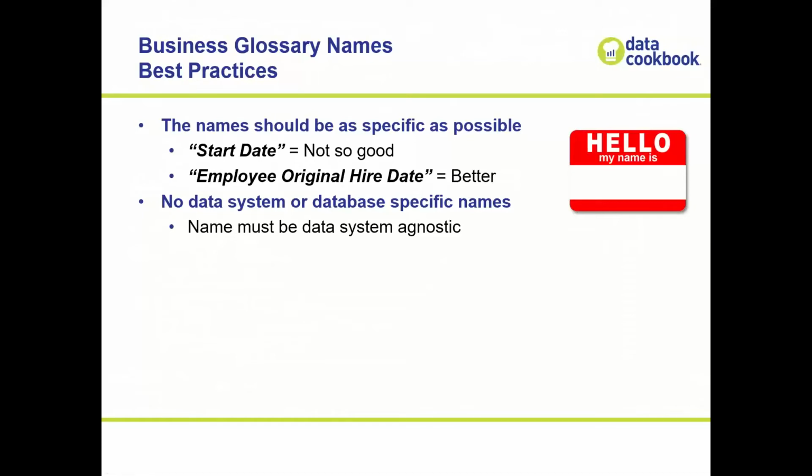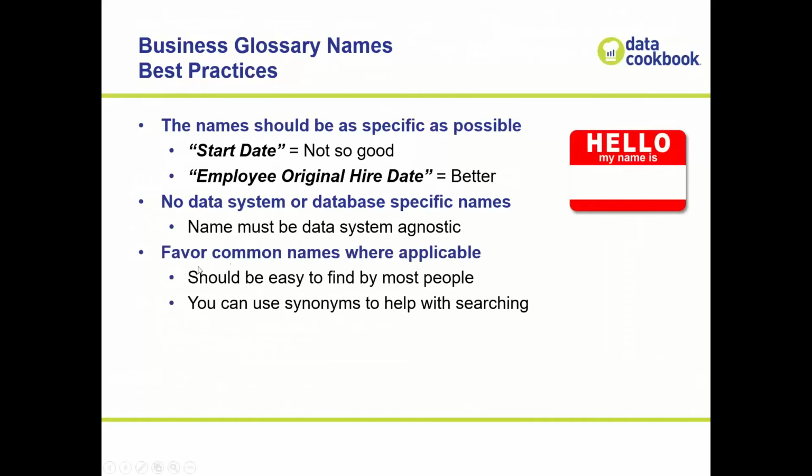The easy way to think about this is, imagine that tomorrow you're going to change whatever data system you're currently using. Is this definition going to change? Your business definition of how you talk about employee hire date shouldn't change if you change HR systems, right? Now maybe where that lives is going to change. So avoid things like EMPL ID or EMPL hire date or whatever, that cause problems.